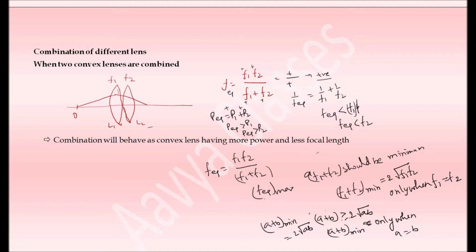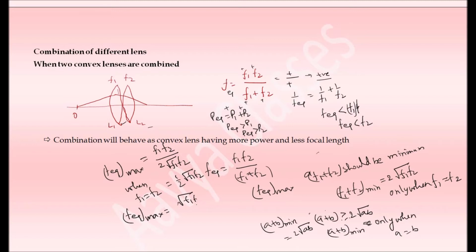So if we have the liberty to choose the values of f1 and f2, then f equivalent maximum is possible only when f1 is equal to f2, and in this case f equivalent maximum will have the value f1 f2 divided by twice the square root of f1 f2, which is equal to square root of f1 f2 by 2.